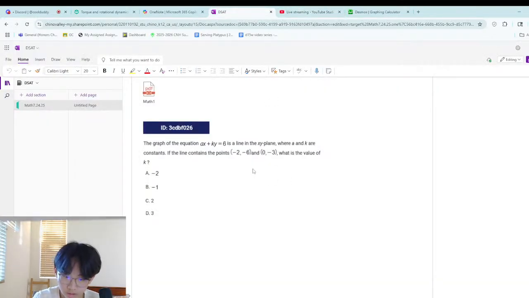Dylan, what's it looking like for number 2? It's looking like a mx plus b question.